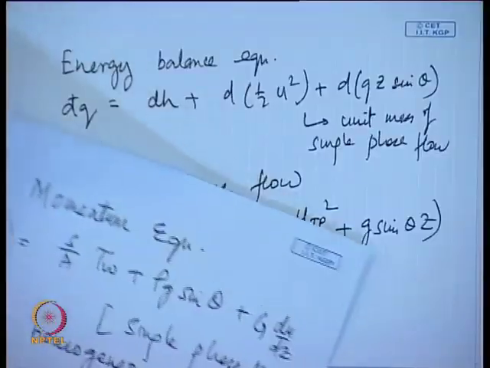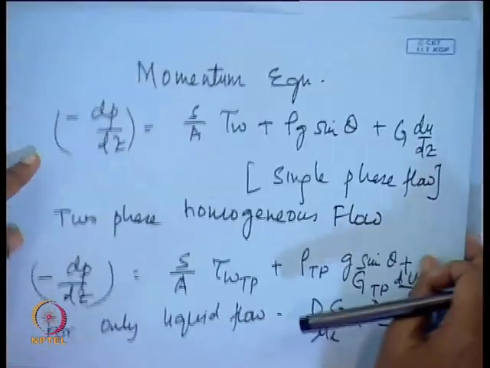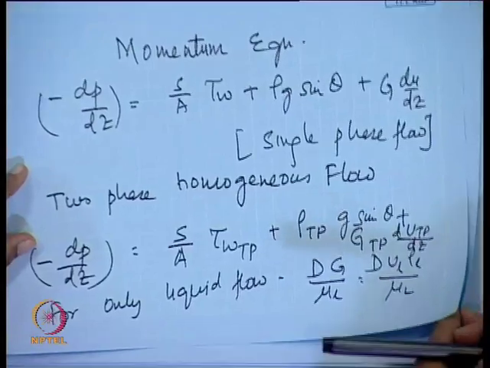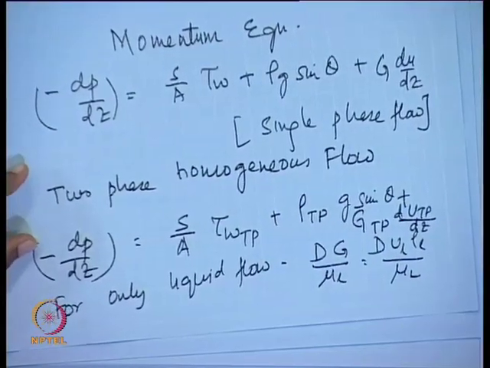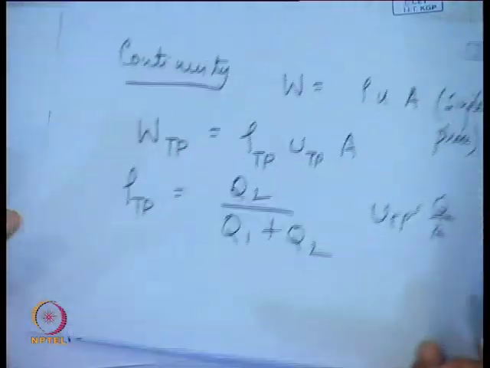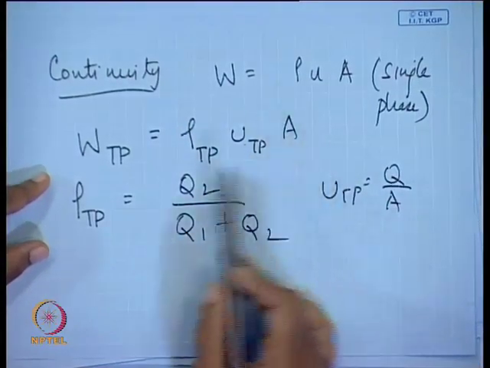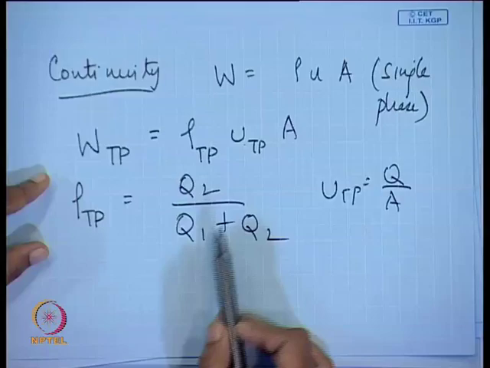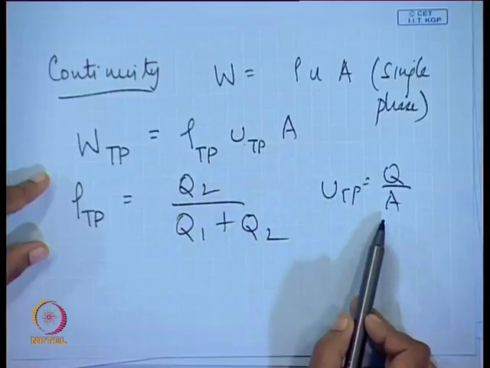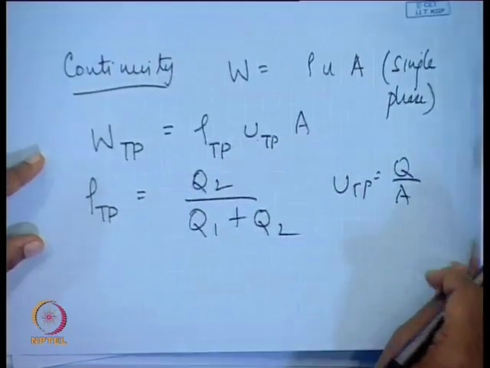Now, if we consider these equations, what do we find? The momentum equation and the continuity equation. The momentum equation I have already shown. In the continuity equation, we find what are the things that we are supposed to determine: rho TP, which we can find out, and u TP, that also is an input parameter.